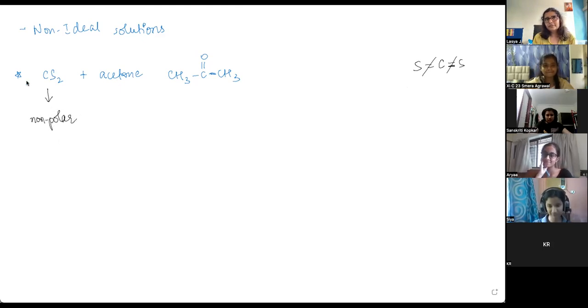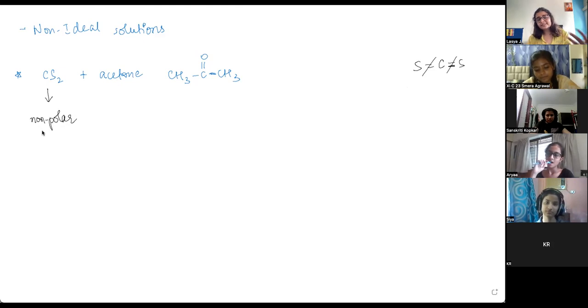So if carbon disulphide is non-polar, go back to what you studied in grade 11. What kind of intermolecular forces will be there? What all forces will you find here? Van der Waals is default in everything, the London dispersion. Apart from that, would you have any dipole-induced dipole?